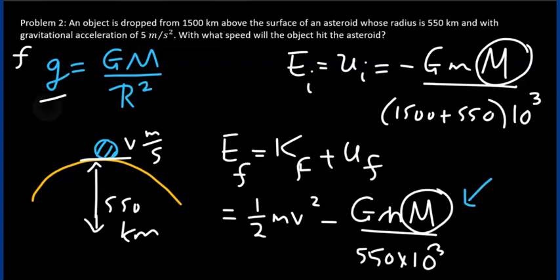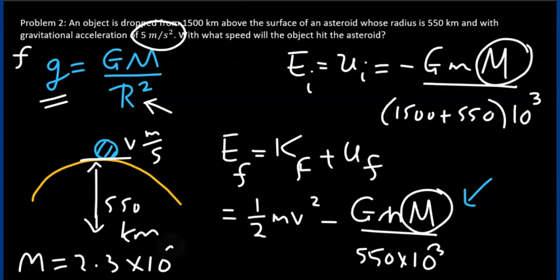Using the value of gravitational acceleration for the asteroid of 5 and the radius of 550 kilometers, we get the mass of the asteroid to be 2.3 times 10 to the power 22 kg.